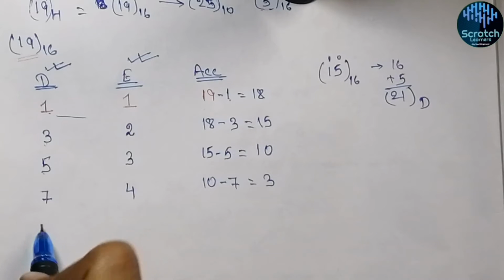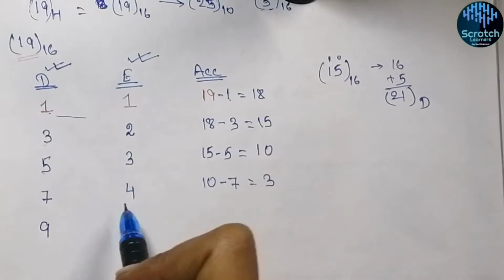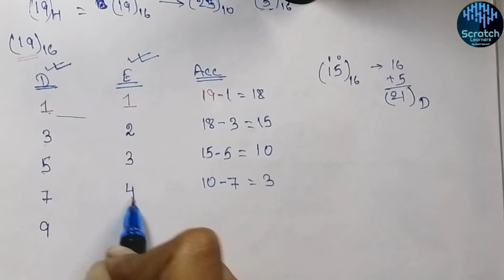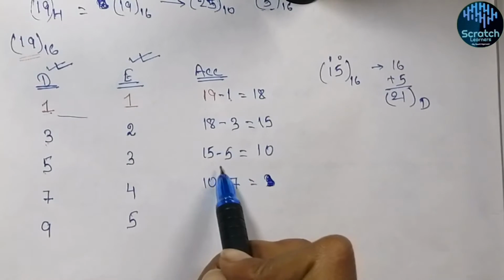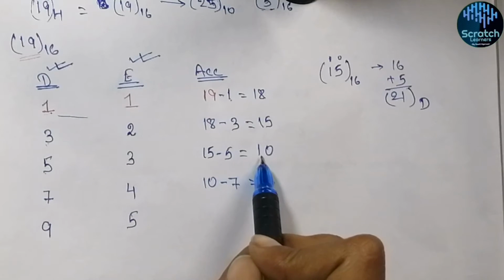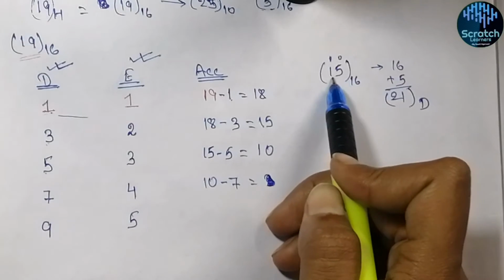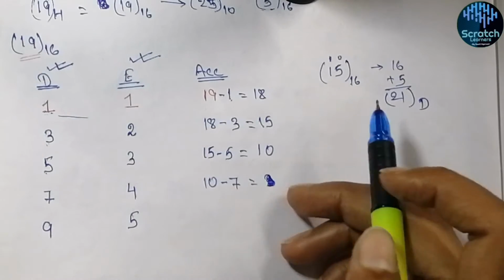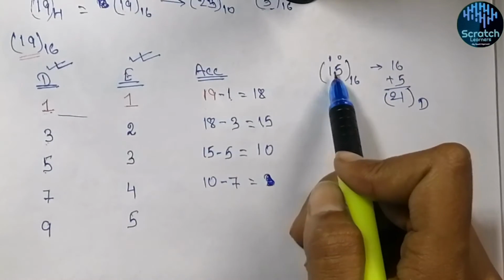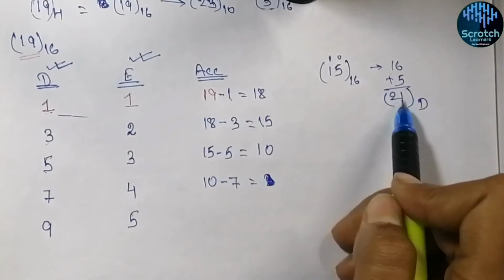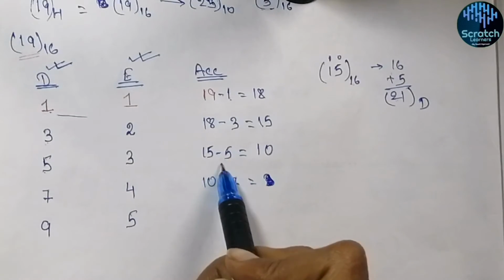Now the content of D will be incremented by 2, that is 7 plus 2 is equal to 9, and the content of E will be incremented from 4 to 5. One thing here, 15 minus 5 is 10. How? This is in hexadecimal, right? So 15 in hexadecimal is equal to 1 into 16 plus 5, that is 21 in decimal, and we need to subtract 5 from it.